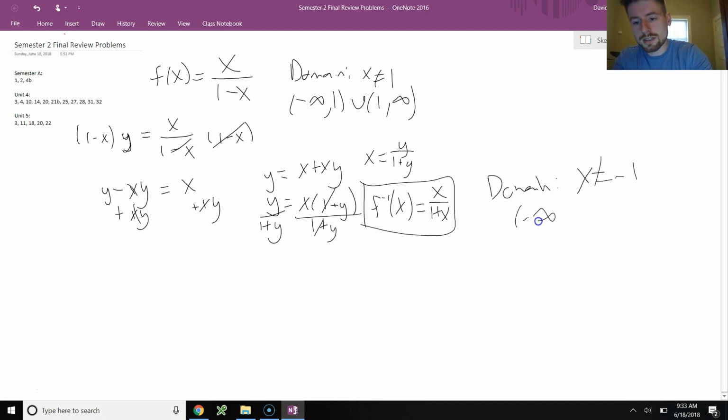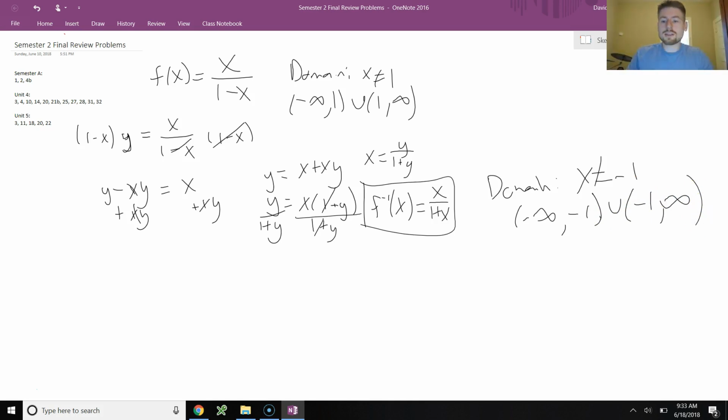Or another way to say this is negative infinity to negative 1 union negative 1 to infinity. Since this domain is pretty easy to find because I just look at the denominator and say, hey, I can't plug negative 1 in. But the range is less obvious, except I did that work earlier to find the domain of the original function.